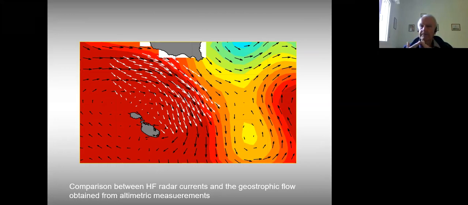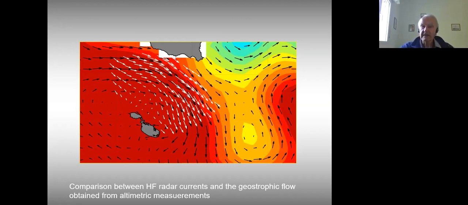We have the measurements by HF radar, which is the response of the surface current to this wind. And we have the numerical model, which is, sorry, this is not the numerical model. These are the geostrophic currents obtained from the altimetry data.